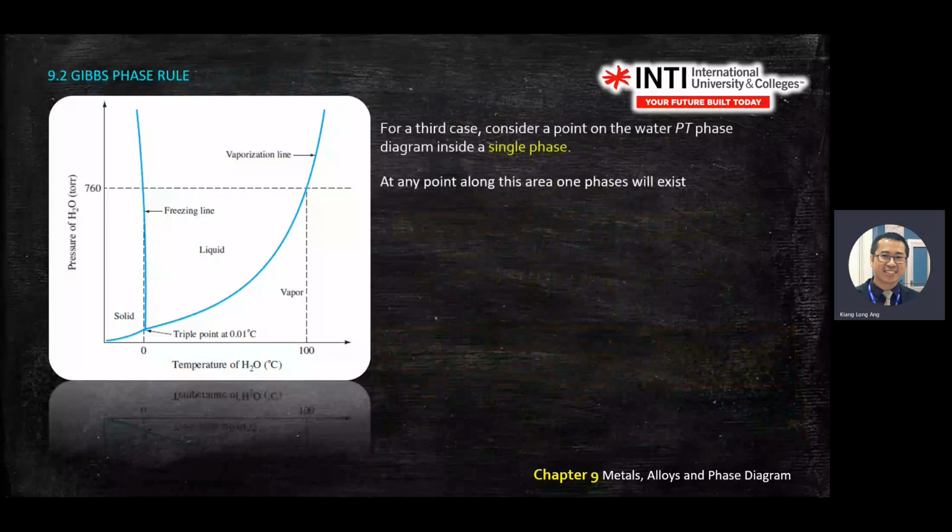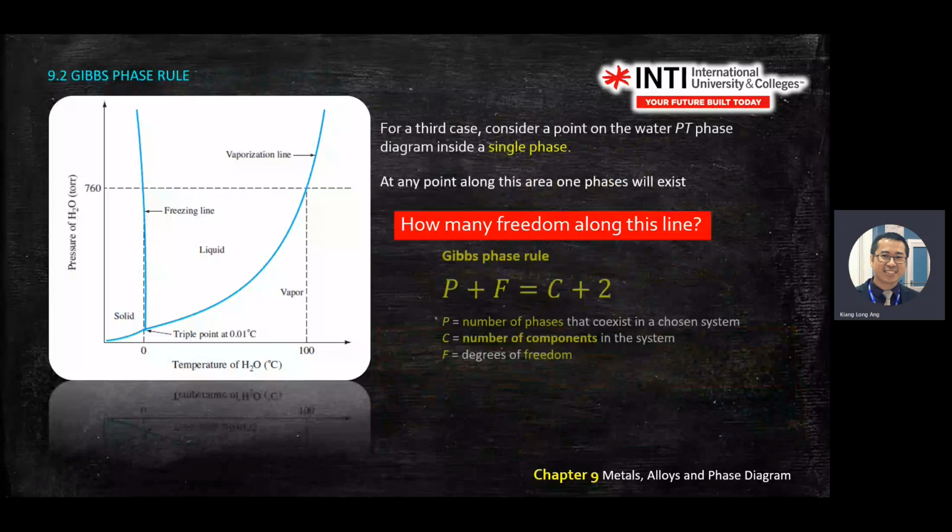So in the third case, let's pick one single phase. So any point in this one-phase area. This is solid, this is liquid, this is vapor, these are single phase areas. If you pick any area here, C is 1, component means only one element, water.